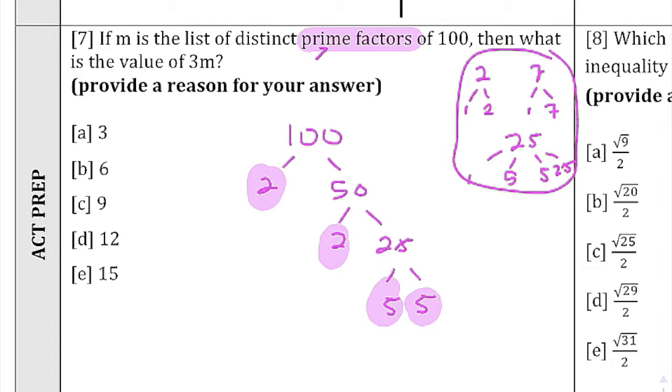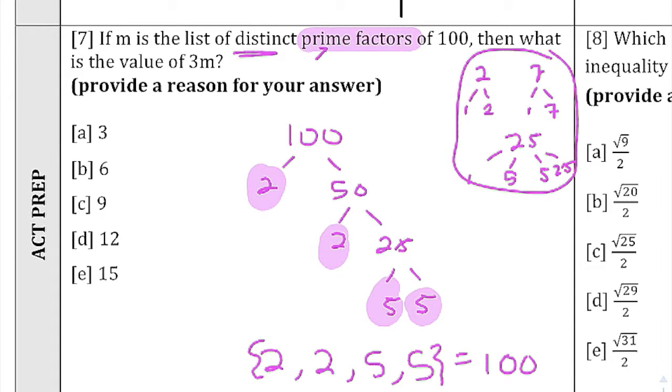So if I'm looking at the prime factors of 100, I can say it's 2, 2, 5, and 5. Okay? You can check that by multiplying this all back together. 2 times 2 times 5 times 5 is 100. So that's the list of the full prime factors of 100. Now this asks for the distinct prime factors of 100, and so it's important to note that's just 2 and 5.